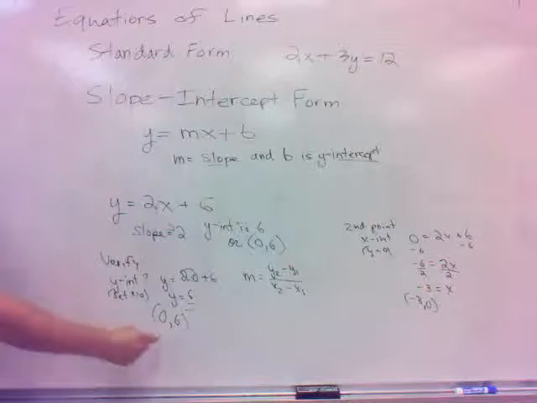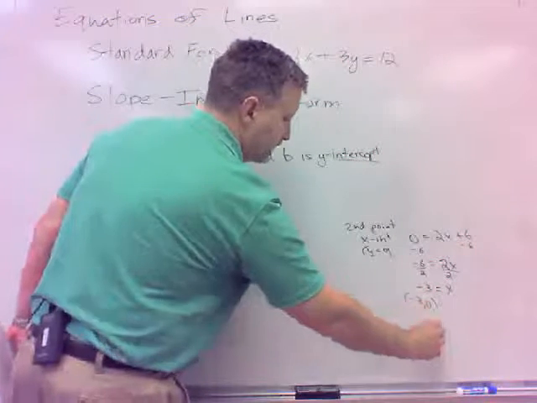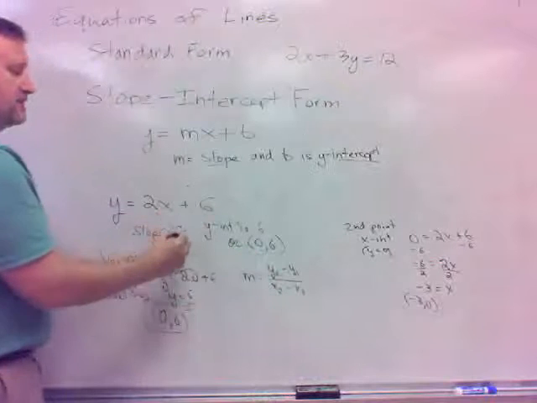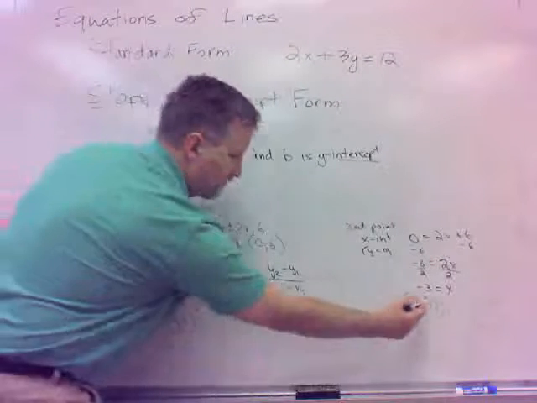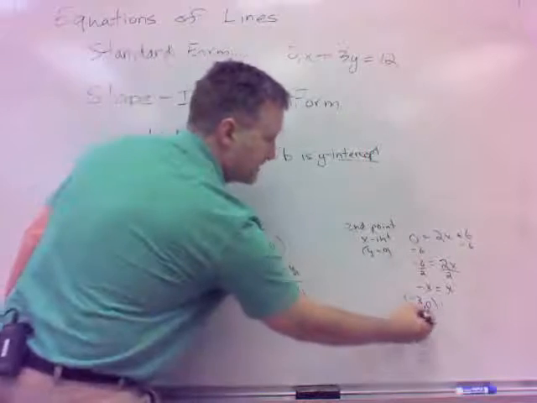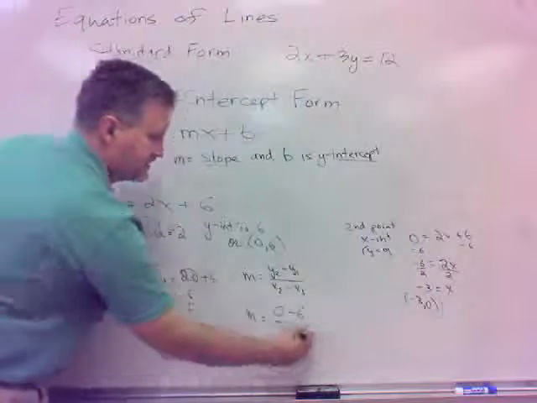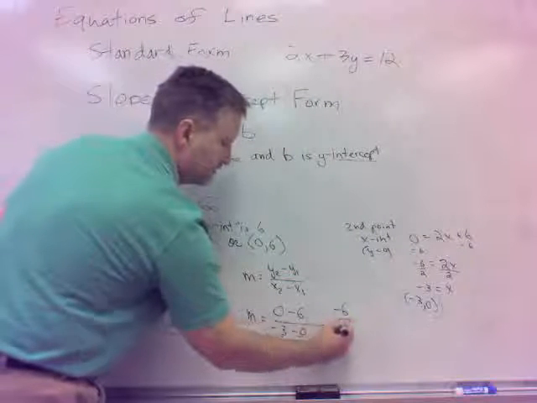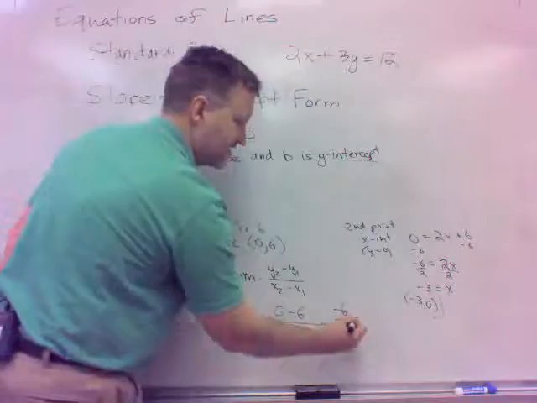All right, so using these 2 points, let's calculate the slope and see if it does equal 2. We take my second y, which is 0, minus the first y, which is 6, over the second x, negative 3, minus the first x, which is 0. Negative 6 divided by negative 3 is positive 2.